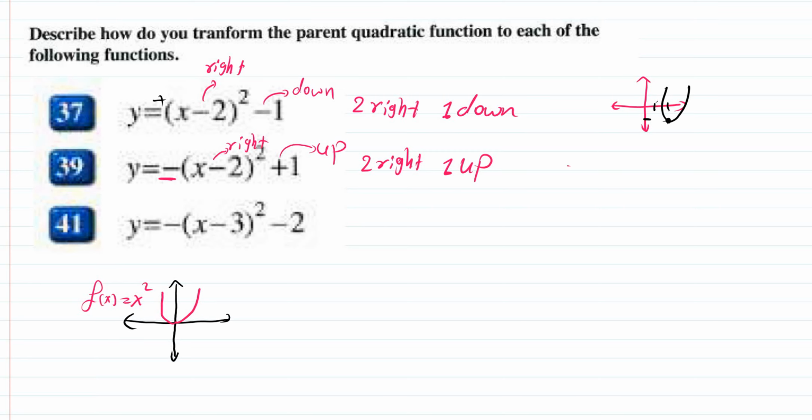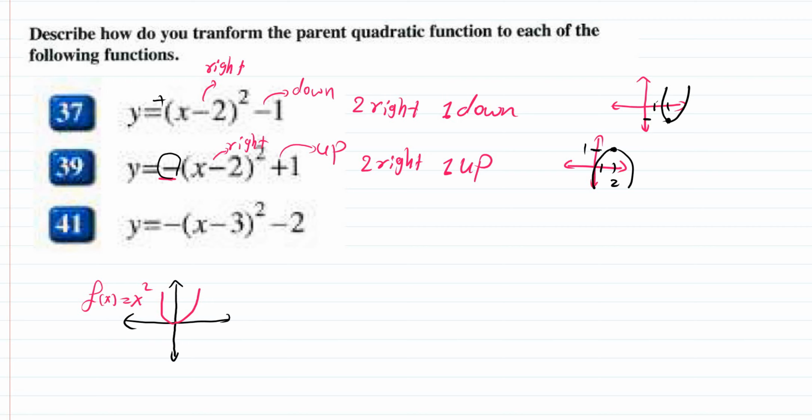And if we graph, the graph is going to be 2 right and 1 up. So this is the vertex of the parabola, but since there's a negative in front, it is going to be downward. We are learning this one, right? This is going to be the graph.